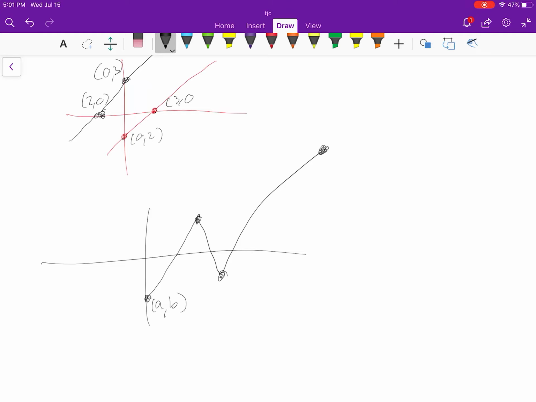So if this point's A, B, then you're going to graph over here somewhere B, A. If this point is C, D, you're going to graph somewhere over here D, C, etc. This point is M, N, you're going to graph somewhere over here N, M, right? And then you'll end up with a weird looking inverse that will be the inverse of the function.